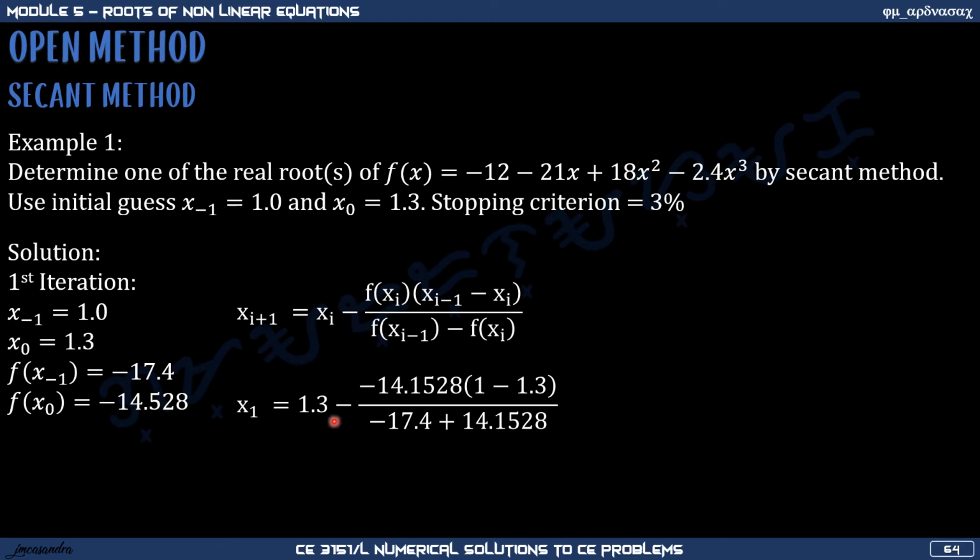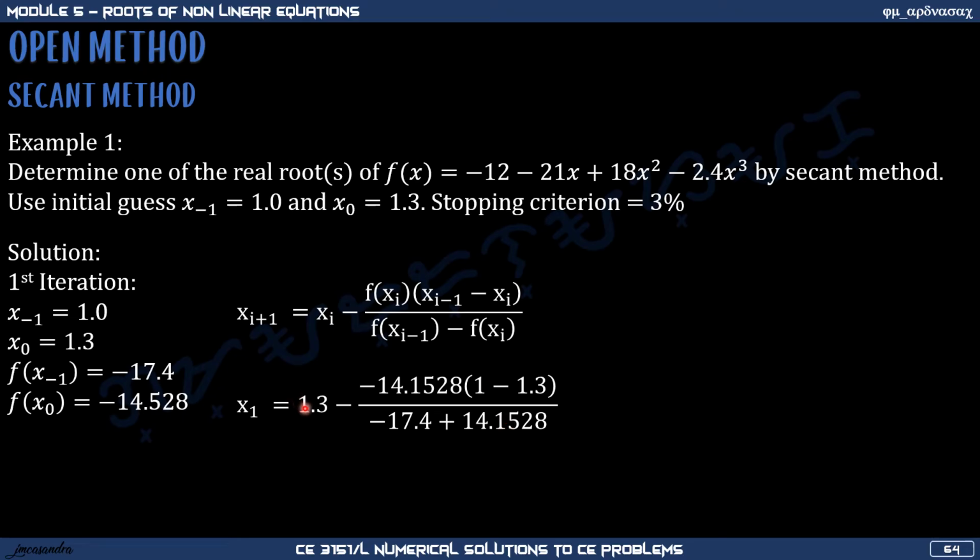So let's remember the latest value, the new value, minus the function of the latest times the old minus the new divided by the function of the old minus the new.